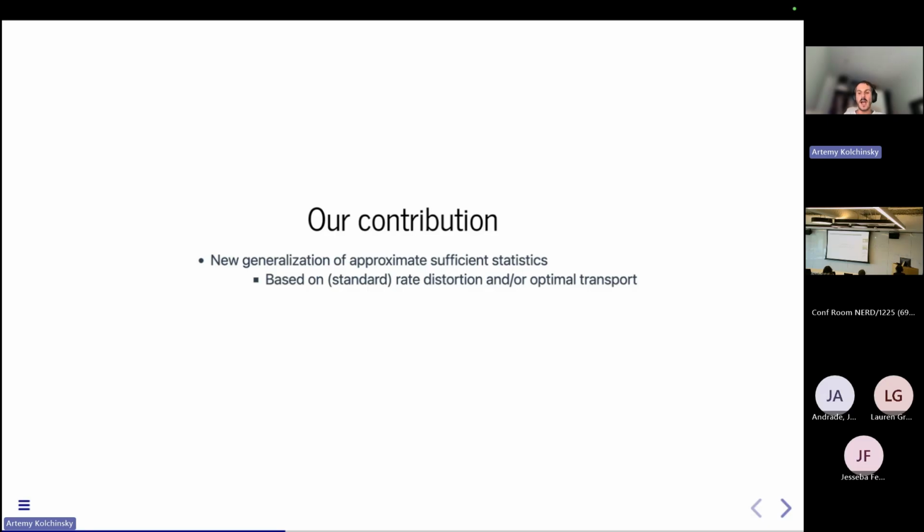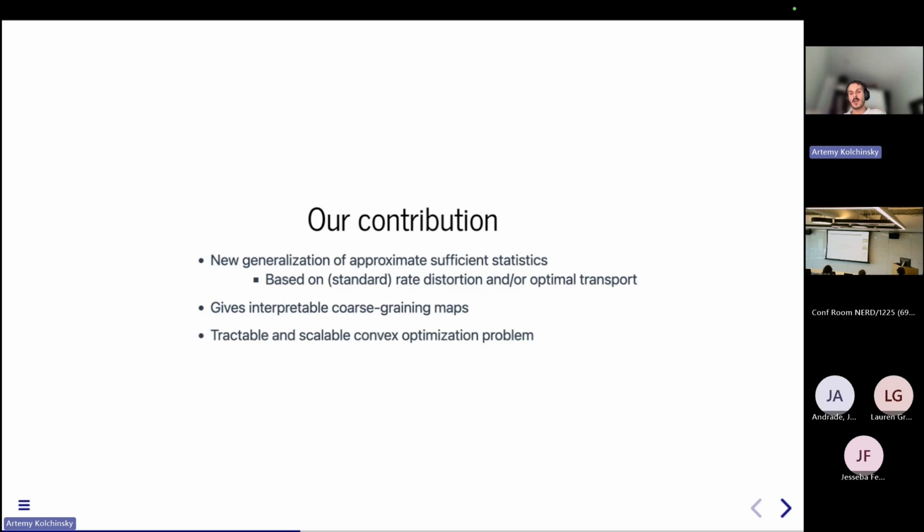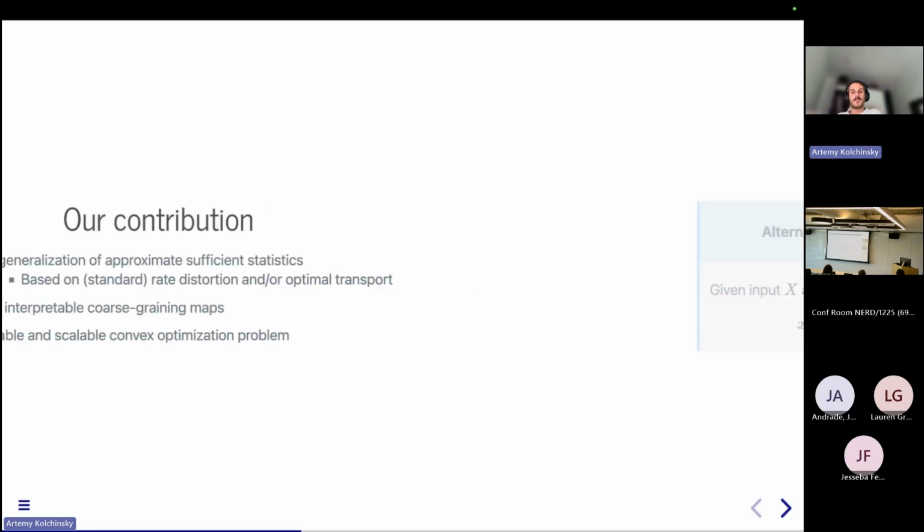And if I have time, maybe I'll also talk about optimal transport, which is closely related. Basically, it gives us a tractable, interpretable, and convex objective for doing information theoretic coarse graining.